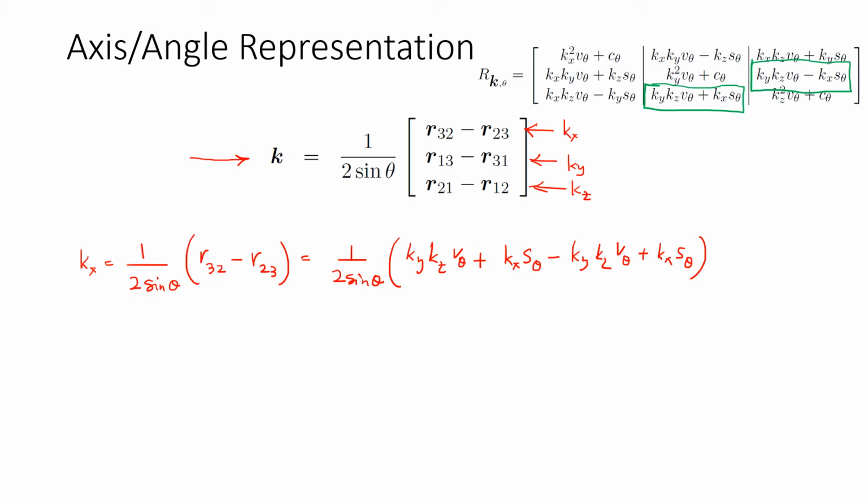Now obviously you can see that this can be cancelled with this because of the opposite signs, and that would give us an expression like this: 1 over 2 sine of theta, and then inside you have 2 kx sine of theta. And obviously the 2 sine of theta can cancel this 2 and this sine of theta, and for that matter this is equal to kx. So that's why this is proved as well.